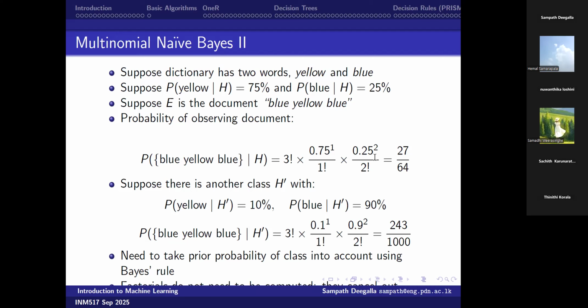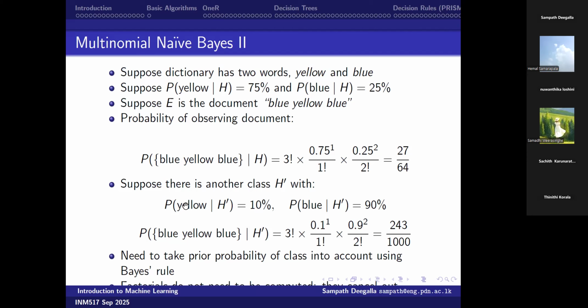And then you multiply everything and you are going to find the probability values. So in that way, we can identify the likelihood of the word blue appearing multiple times. So what you need to understand here is it will actually consider the frequency count of the word, which is very, very important.